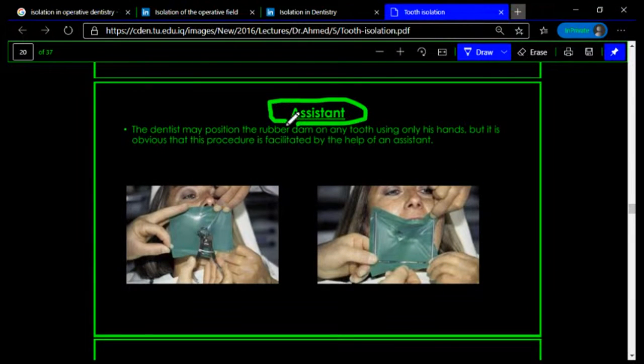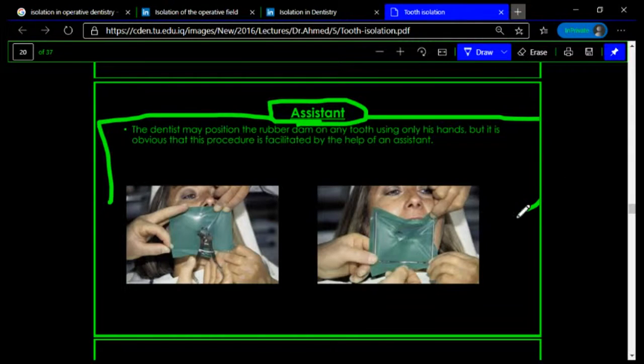Of course, the assistant has a crucial role in helping the dentist apply the rubber dam, as we can see here in these two pictures.